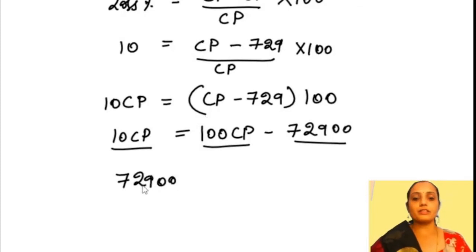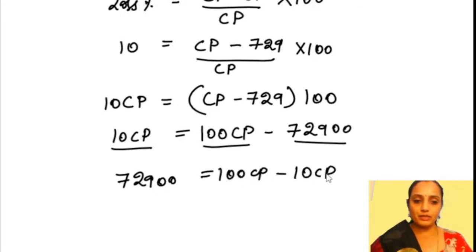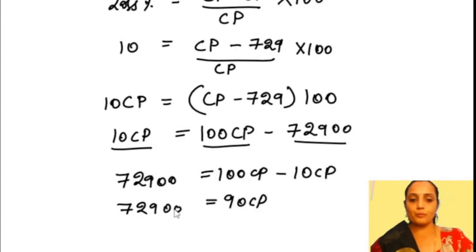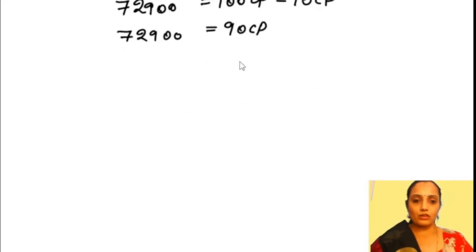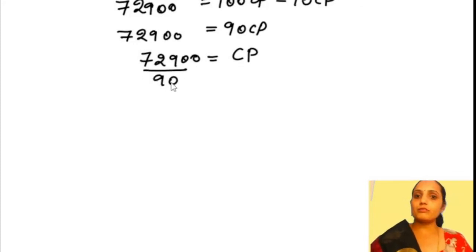So let's swap it. Let's take 729 to the other side and 10 CP to the right side. 72,900 is equal to 100 CP minus 10 CP. This is going to give us 90 CP is equal to 72900. Alright, so CP is going to be 72900 divided by 90. Now if you observe, both the terms are divisible by 9. HCF is 9 here.